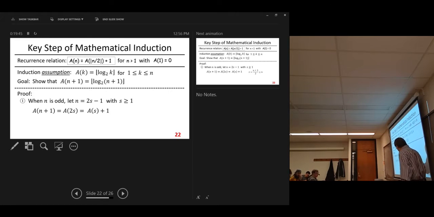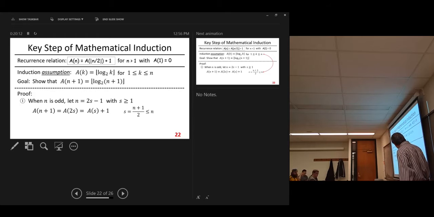After we have this expression, let's consider the range of s. What is the range of s? s equals n plus 1 divided by 2. Is this number less than or equal to n when n is greater or equal to 1? Definitely, right? Multiply by 2 and cancel out, n is greater or equal to 1. It's correct.